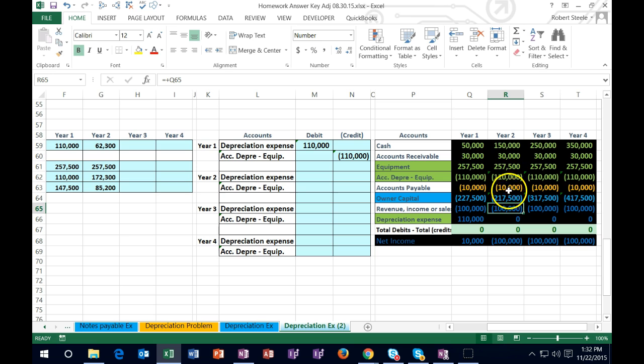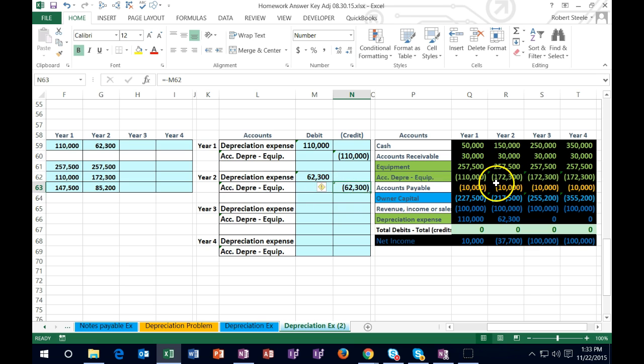We have currently on the books the 257.5 and the accumulated depreciation of 110. We're going to have the same journal entry, where the expense is going to go up by the 62.3 that we calculated, and the accumulated depreciation will be credited by the 62.3. Credits are being represented with brackets.